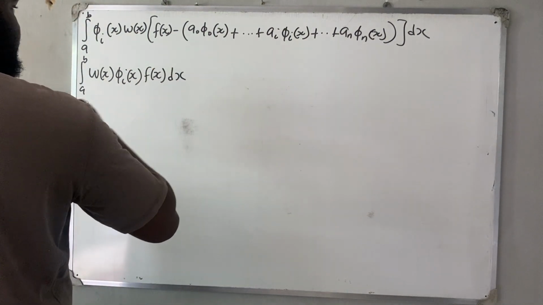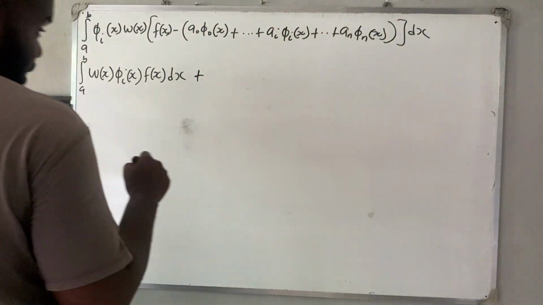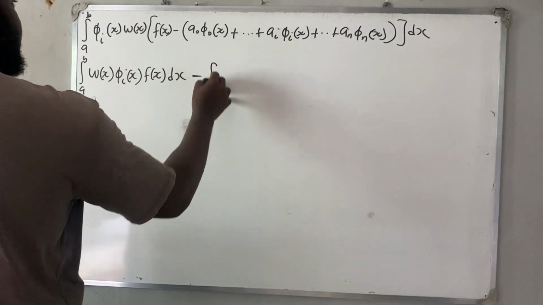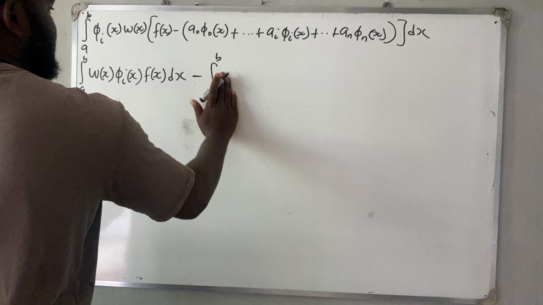Plus, this one will multiply by all these terms here. So I'm going, minus, because of this minus, the integral from a to b, let me write the weight function first.